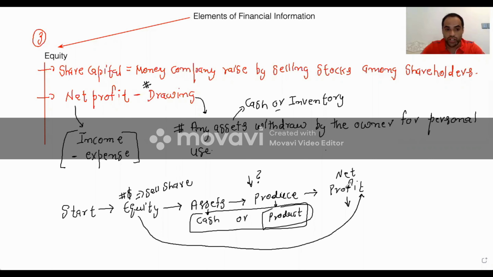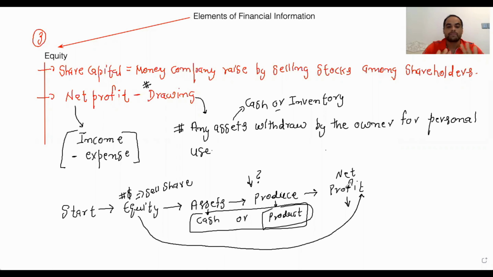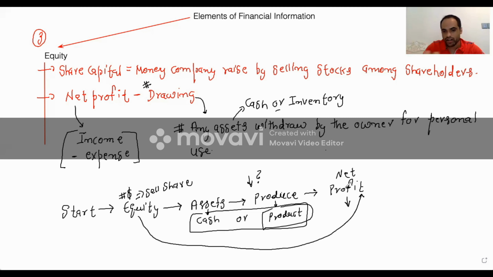So when you have a question, you have to check carefully whether you have drawing or you do not have drawing. That is the purpose behind this drawing. So net profit minus drawing always, if you have a drawing in your question. They write very clearly about the drawing in the question. So that's all about equity. So equity is finished.